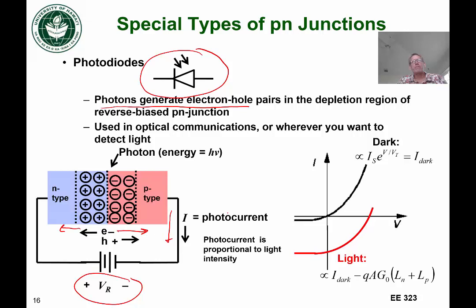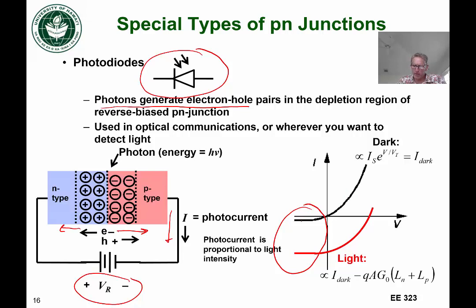This is used in optical communications or whenever you really want to detect light. If you look at the IV curve, keep in mind we're operating in this reverse bias situation where we have this depletion region with the electric field to allow the electron and the hole to get swept out. So the current is negative because we're operating in reverse bias.